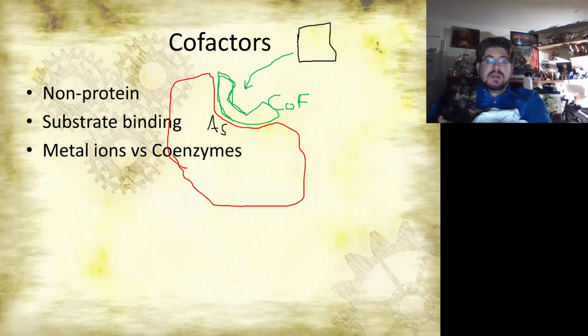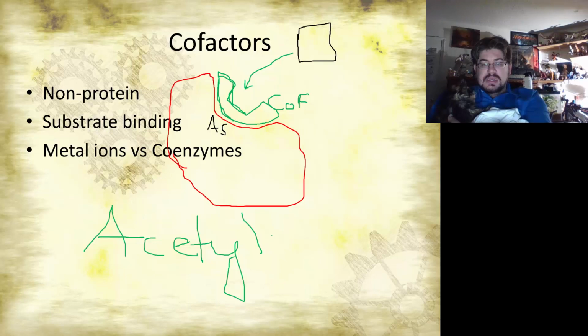However you want to call it. We're actually going to see coenzyme in cellular respiration, because one of the products of cellular respiration is acetyl CoA.